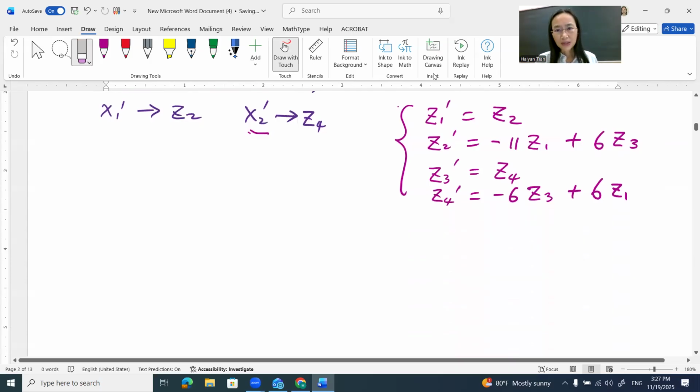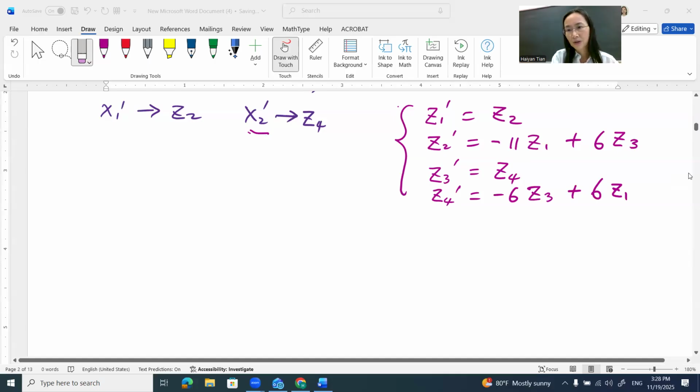So let's look at the two-body problem. We know that Z1 is the position of the first body, Z2 is the velocity of the first body. So we know that Z1, Z2, Z3, Z4 have different meanings.